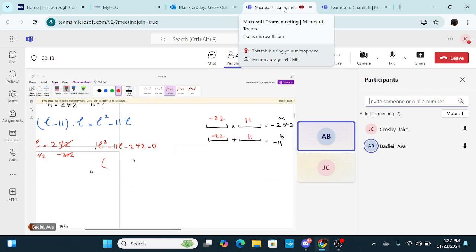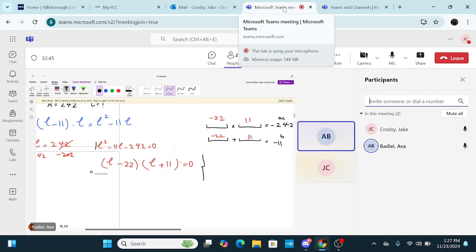Instead, you can just open two parentheses, write down 1L here, 1L here, put negative 22 in the first parentheses and the second number in the second, and make this equal to 0. Only if you have a 1 as your A, it's going to save you much more time during your exams.